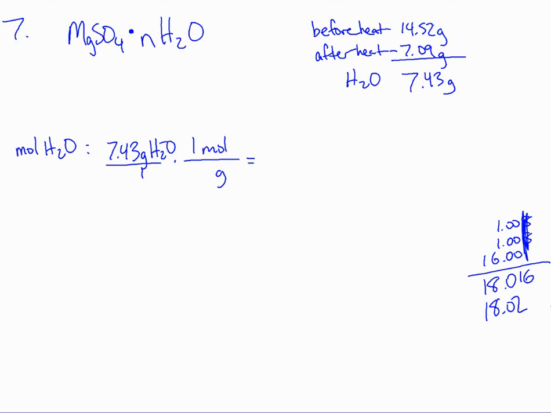Now, AP is pretty good about being forgiving about where you rounded it. They can figure out what happened. If your answer is like 0.02 off because you rounded it in the middle, it's still going to be right. So they're not going to be difficult. 18.02 grams.